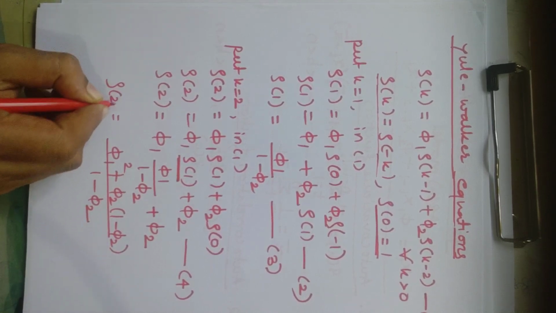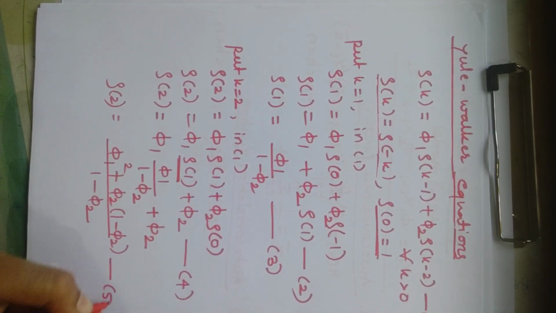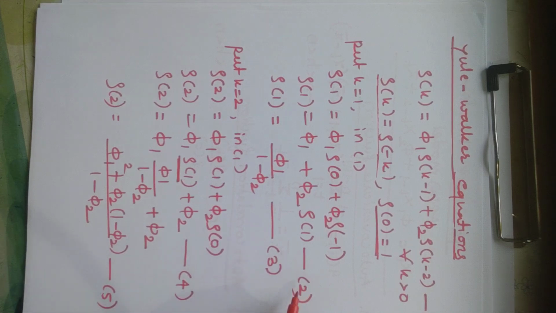So this is the value of rho of 2. I will call this equation number 5. Equations 2 and 4 are the Yule-Walker equations. Solving these two equations, we have rho of 1 and rho of 2.